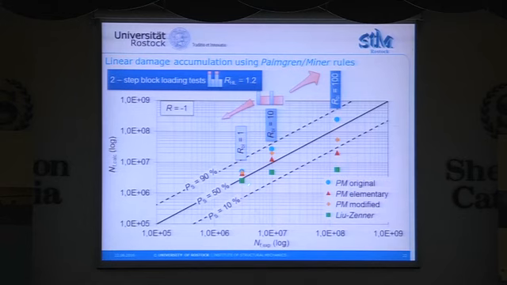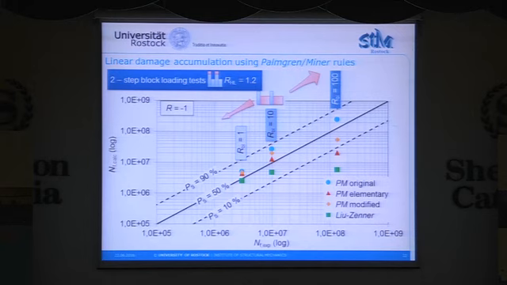But this increases with an increasing number of cycles within the low block. Also you can see that the primary and minor rule in the original type is within the scatter band and only slightly overestimates the calculated number of cycles.